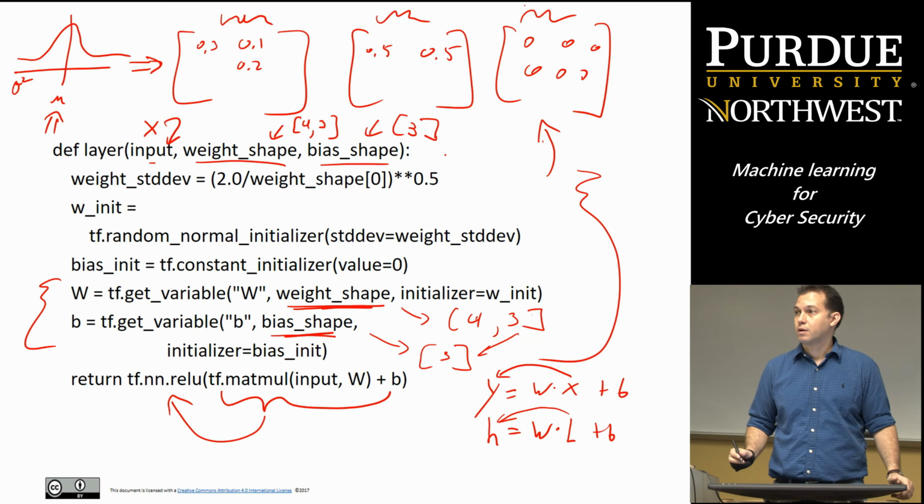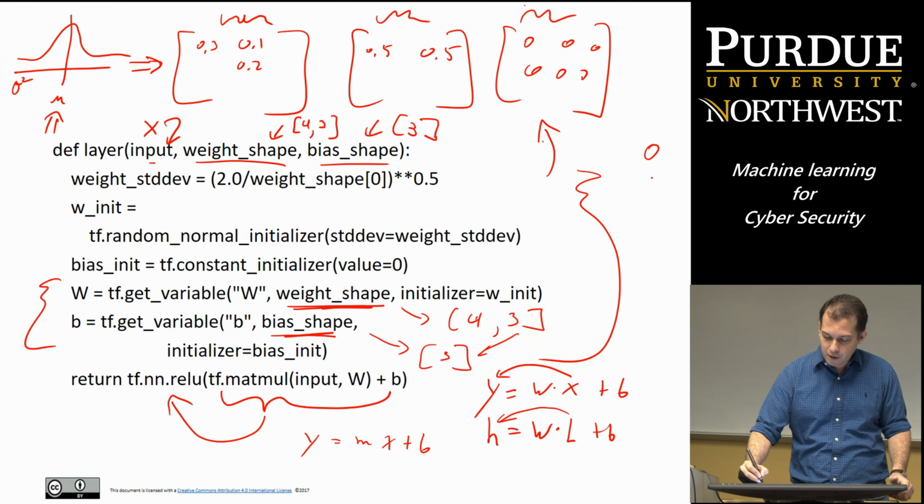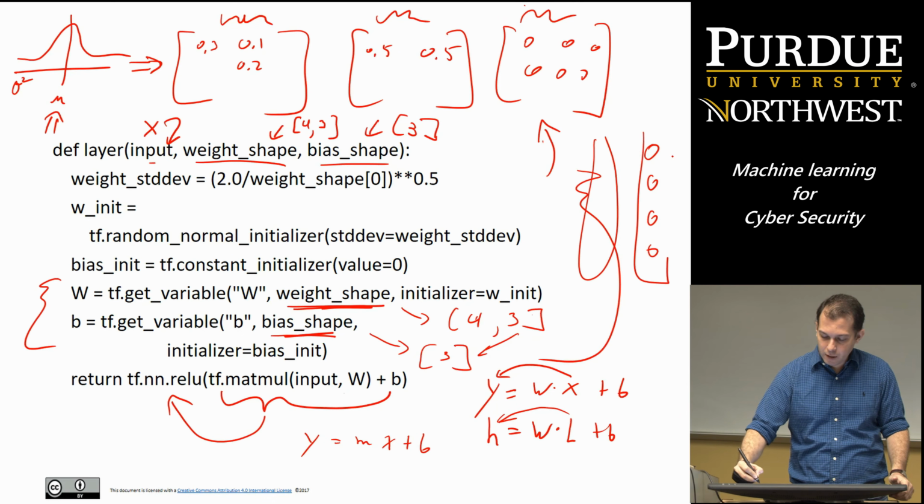What's the bias shape stand for? The bias shape is an mx plus b, right? So when you create a neural net like this, and you have one layer here and one layer here, and the w's, this is the x. So this is the output that gets added to the y.